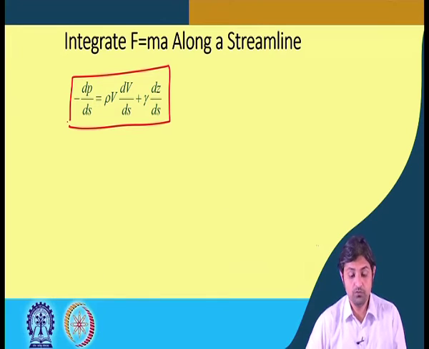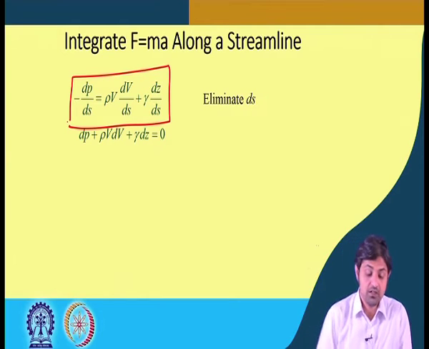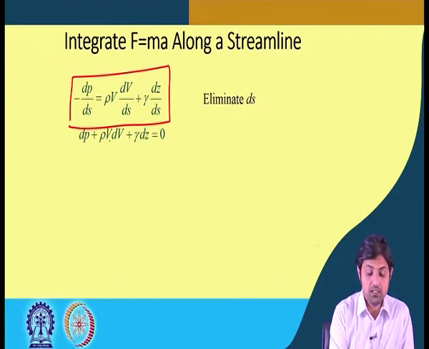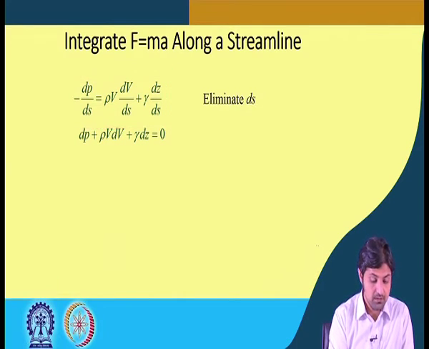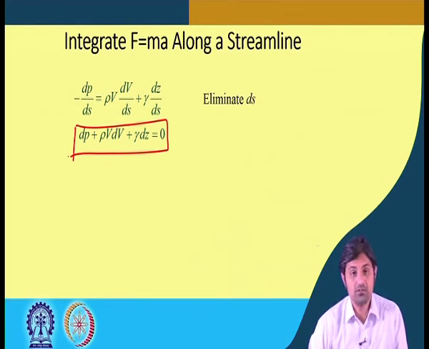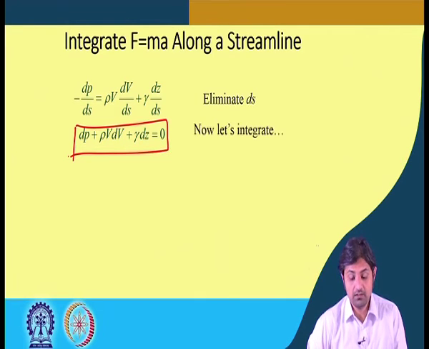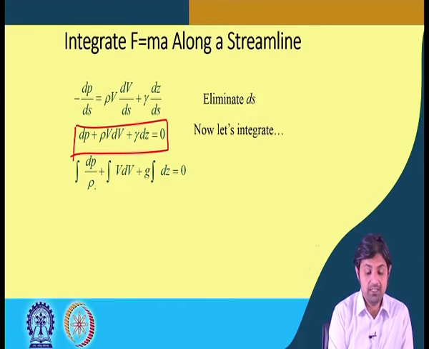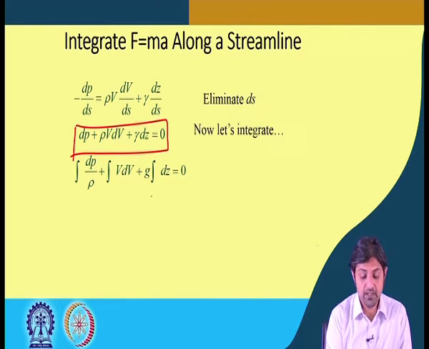So we integrate it. First eliminate ds because it's common. So we can write dp plus rho v dv, because dp will come this side, plus gamma dz is equal to 0. If we integrate this, it will become dp. So we divide by rho so that this gamma becomes g.